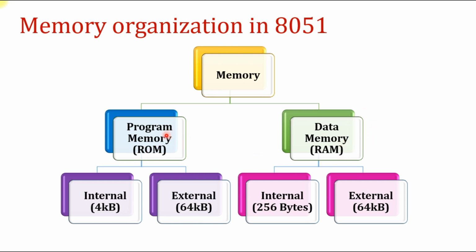And we can connect 64 KB of external program memory with the 8051, and the external RAM also has a maximum size of 64 KB. And the speciality in 8051 is that it has internal RAM as well as ROM. The internal ROM size is 4 KB, and internal RAM is 256 bytes.